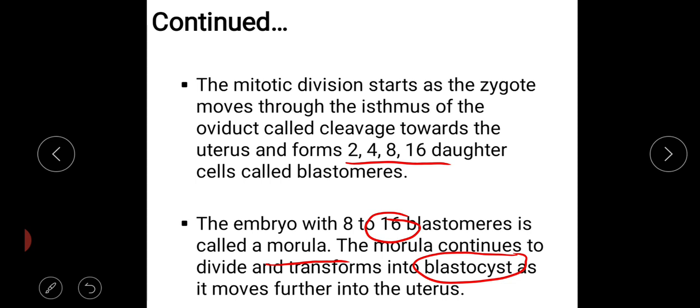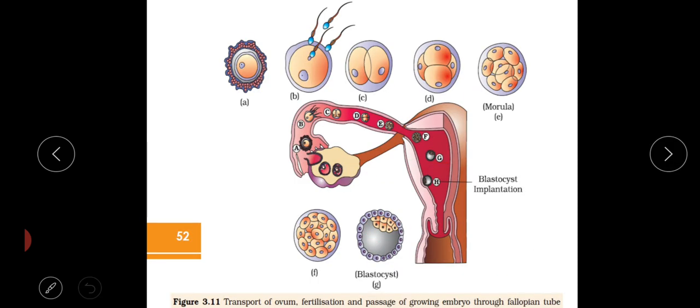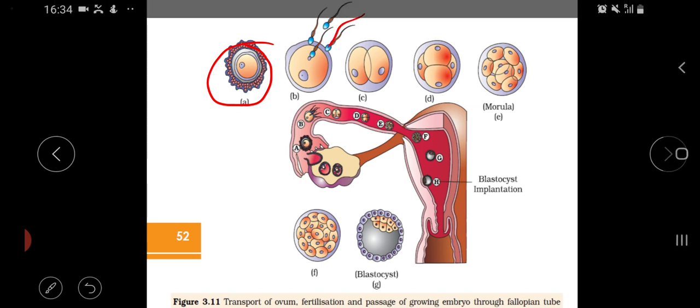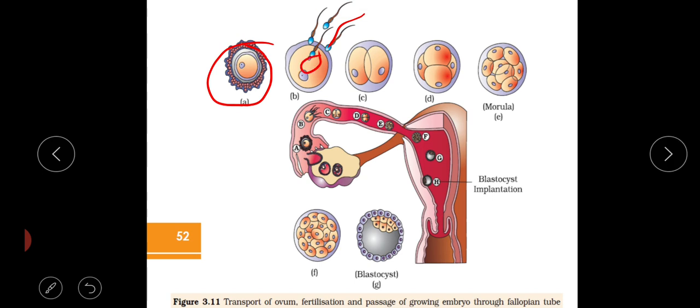This blastocyst is the stage where the baby gets implanted in the wall of the uterus. In this figure you can see a typical ovum. The sperms are coming and fertilize it, you can see over here.